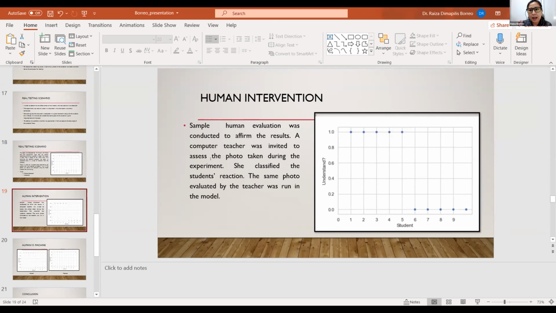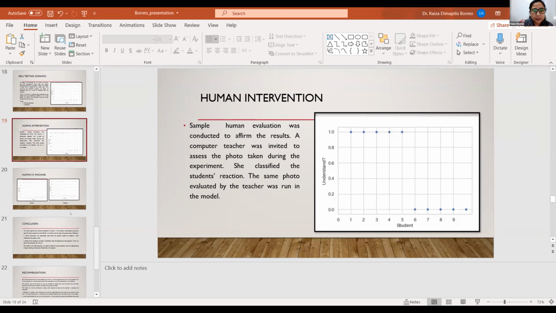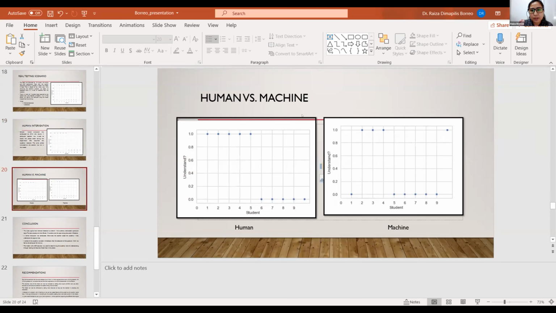I invited one of my friends who has been working in the same industry for roughly 20 years, and she classified the same photo. Obviously there are different readings between the human and the machine, but I cannot actually compare which one is better. Of course, humans are also prone to errors.